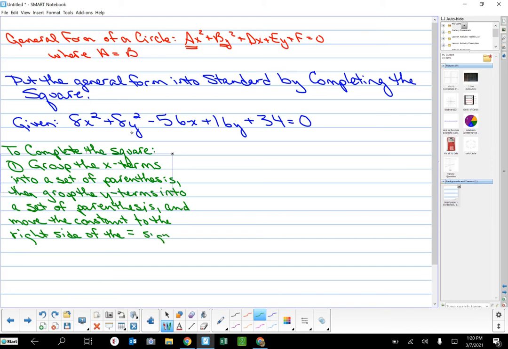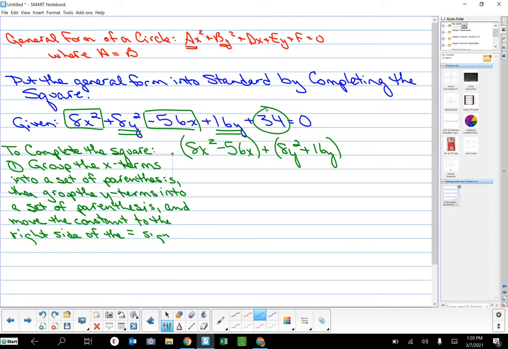Okay, so step 1, I'm going to take this guy and this guy. So we're going to have 8x squared minus 56x, and then 8y squared plus 16y. We're going to move the 34 to the other side. And so that one's always going to change signs.